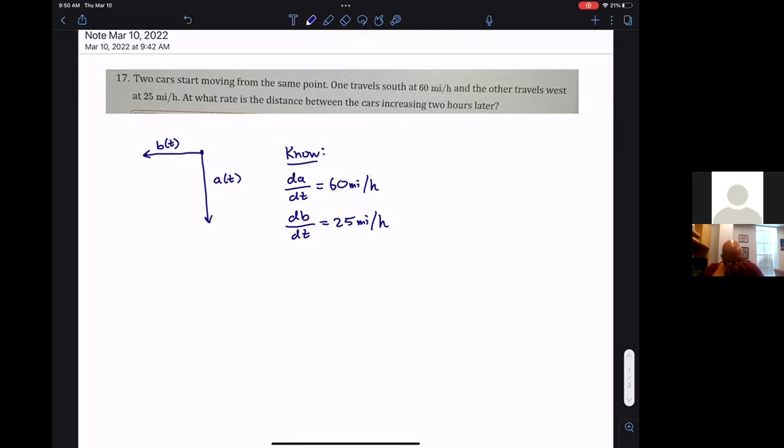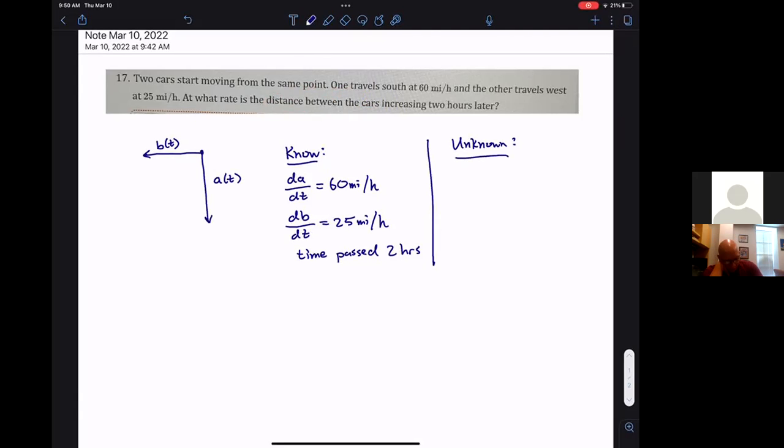Two cars, and I want the distance 2 hours later. So I know that the time that has passed is 2 hours, right? I don't necessarily know how to use that quite yet, but I can write it down as something I know. And what's unknown? I want to know the distance between the cars.